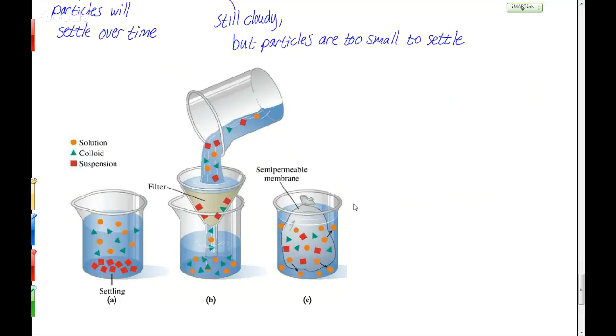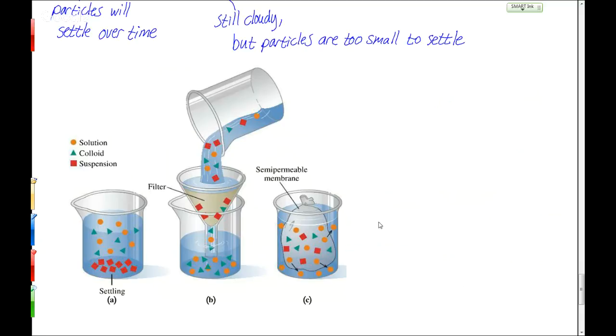So the way you get rid of the colloidal particles, you use something called a semi-permeable membrane. A semi-permeable membrane is just a material that has really, really small holes inside, like on the molecular level, and can only let things of a certain size pass through. It sounds fancy, but we see these kinds of things all the time. Something like plastic wrap that you cover your food with is a semi-permeable membrane.